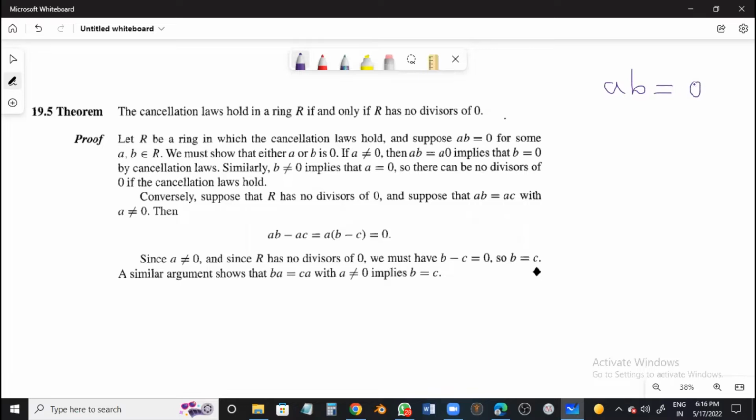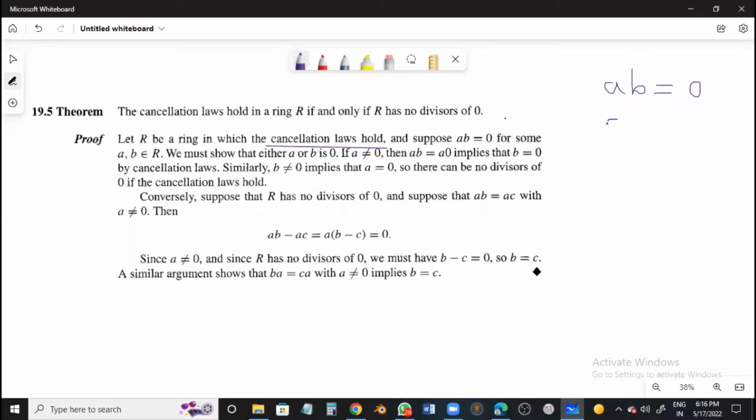Apart from being non-zero, if their product is 0, we'll call them 0 divisors. So suppose A into B equal to 0. What we mean to say is either A is 0 or B is 0. If both are non-zero, then there will be 0 divisors. Our assumption is the cancellation laws hold. And we started with A into B equal to 0.